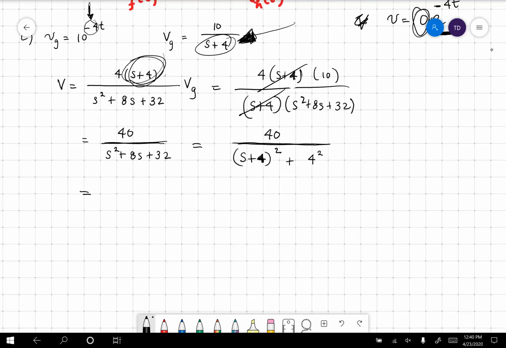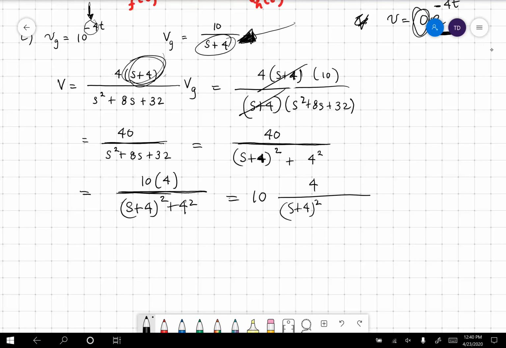Well, there's no s's in the numerator, so we're not going to put any in there. But this is 10 times 4 over (s plus 4) squared plus 4 squared. Just to remind you, that's 10 times 4 over (s plus 4) squared plus 4 squared.